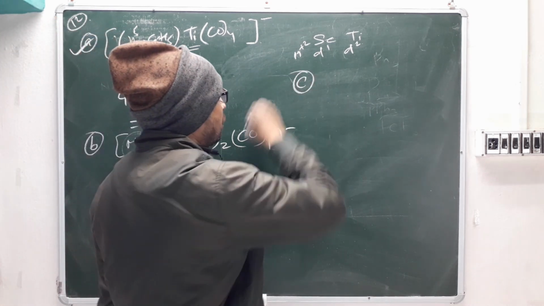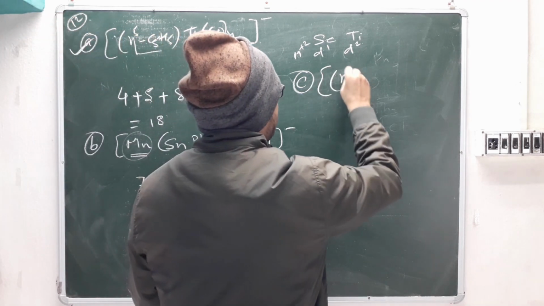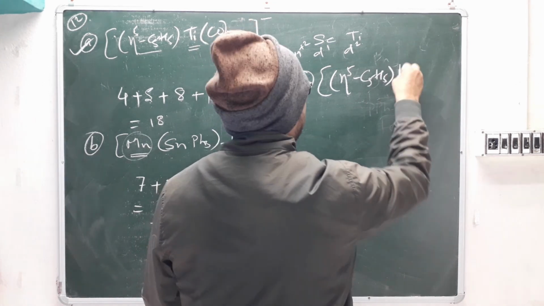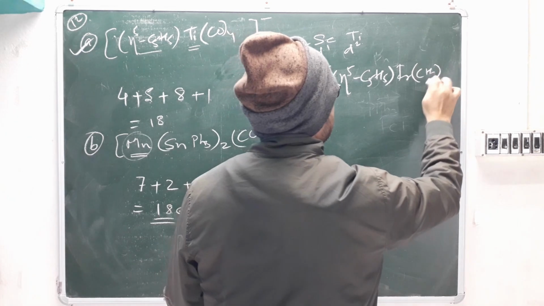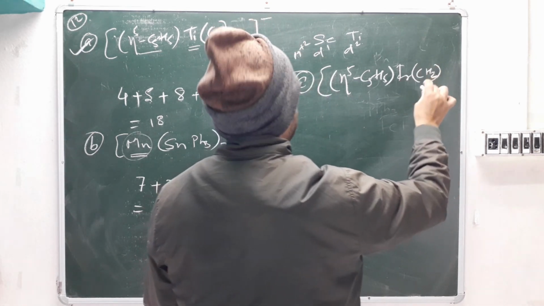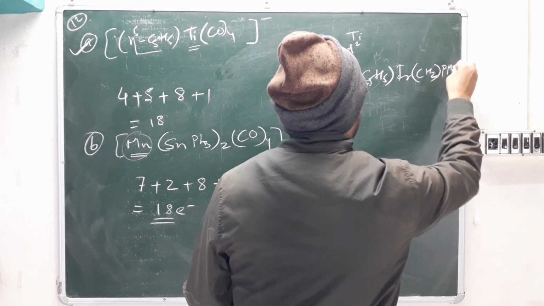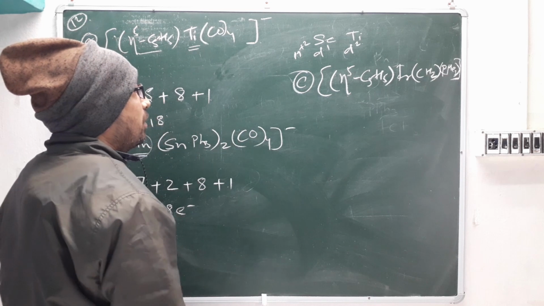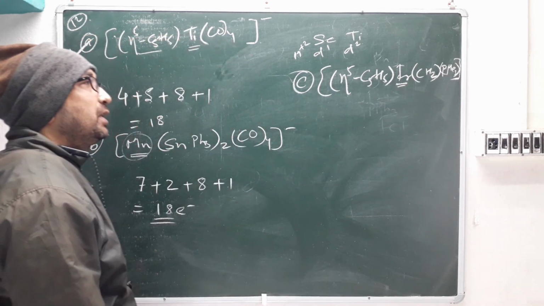Now option C, what is there? Eta 5 C5H5, iridium, and CH2 it has given, and then we have PMe3. No charge on top. So how much will it come? Iridium, where will it come?